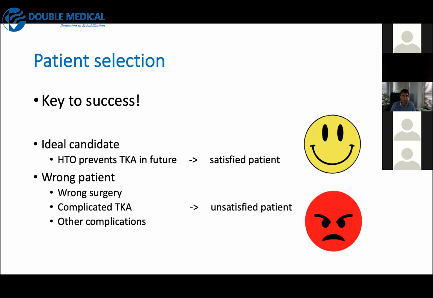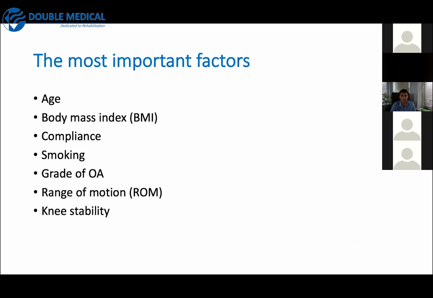If we find the ideal patient for this procedure, we can prevent total knee arthroplasty in the future. We have a satisfied patient. If we have a wrong patient, we will do a wrong surgery. In future, we will have a complicated knee arthroplasty. We will have other complications, and we will have an unsatisfied patient.